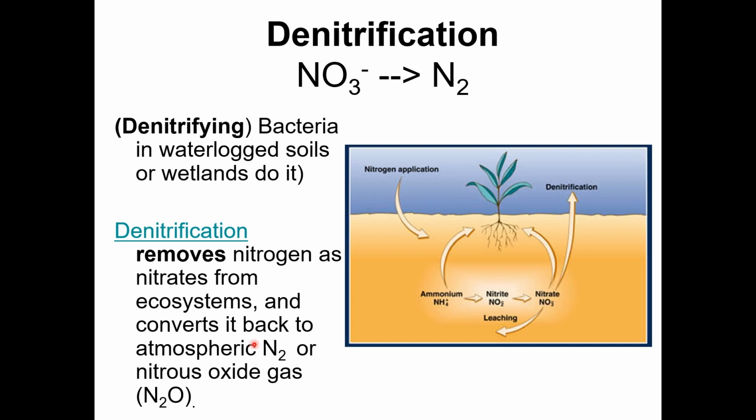That process is known as denitrification, the conversion of nitrate back to N2. And how does that happen? Again by means of bacteria. The denitrifying bacteria, which are present in waterlogged soil or wetlands, are involved in the conversion of nitrate to nitrogen gas.